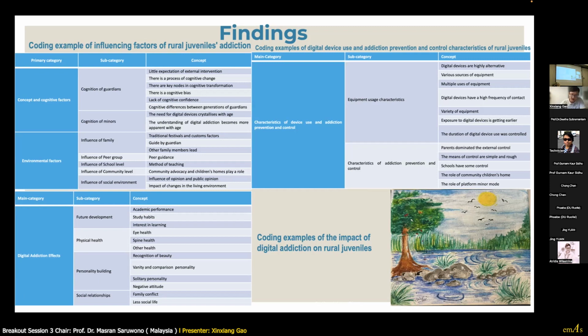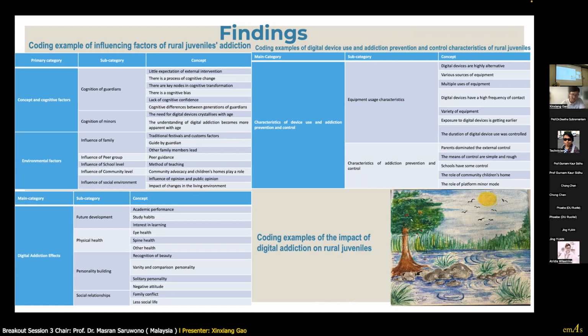In terms of digital products use, there are characteristics such as healthy substitution of digital products, source of products, multiple benefits of products, higher frequency of digital products exposure, various types of products, the tendency for early exposure to digital products, and controlledness of digital products use, as detailed in the second table.